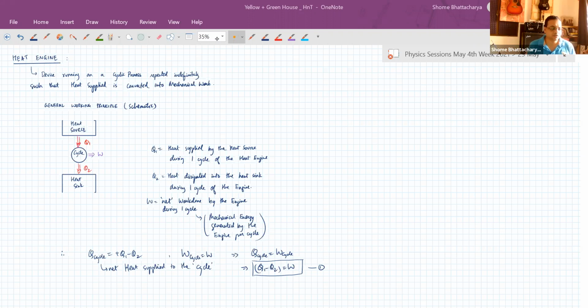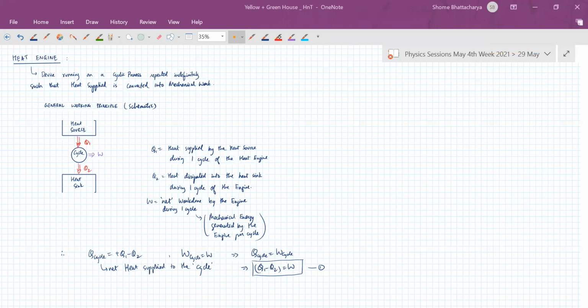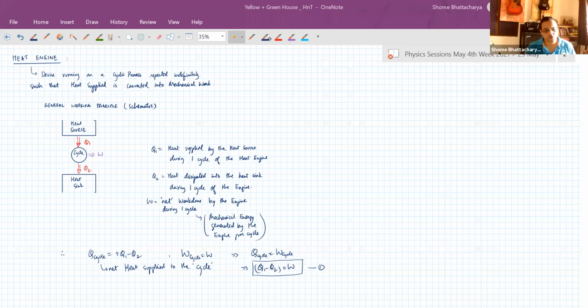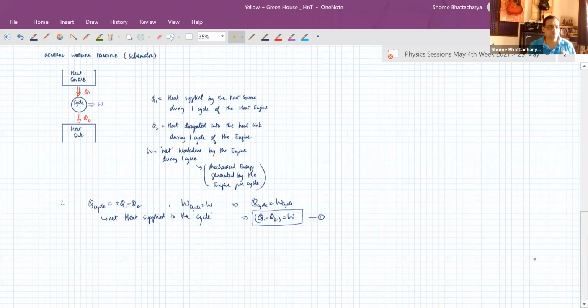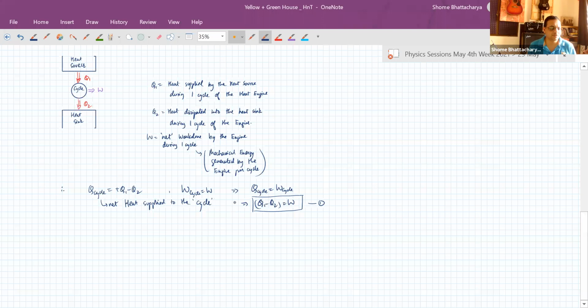Okay. Now, once you understood this basic working principle that Q1 amount of heat is supplied from the source, Q2 amount of heat is dissipated into the sink.